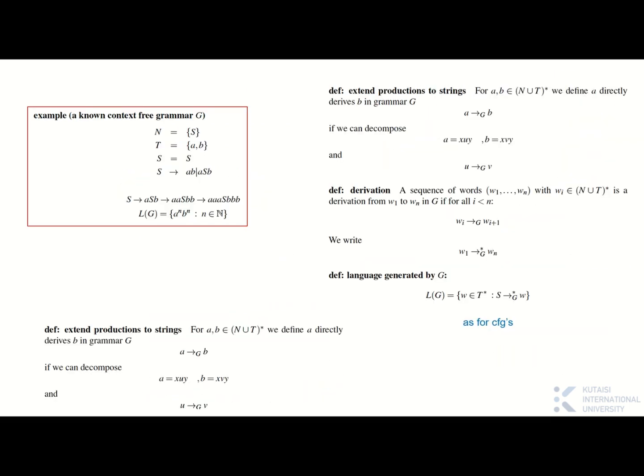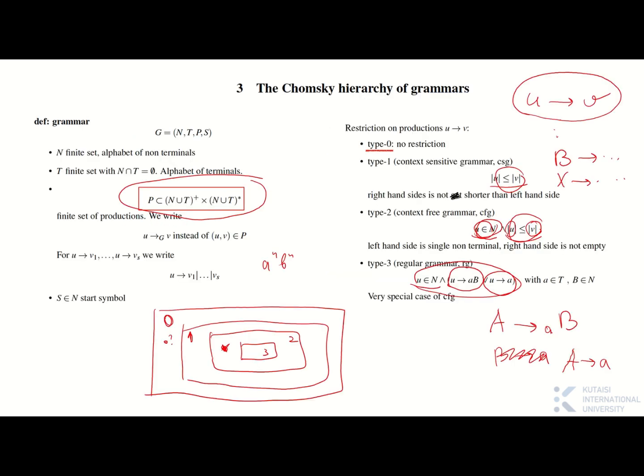Let's look at our example again here. So just look at this example here. Clearly this grammar is context-free. Because what was the requirement of context-free?